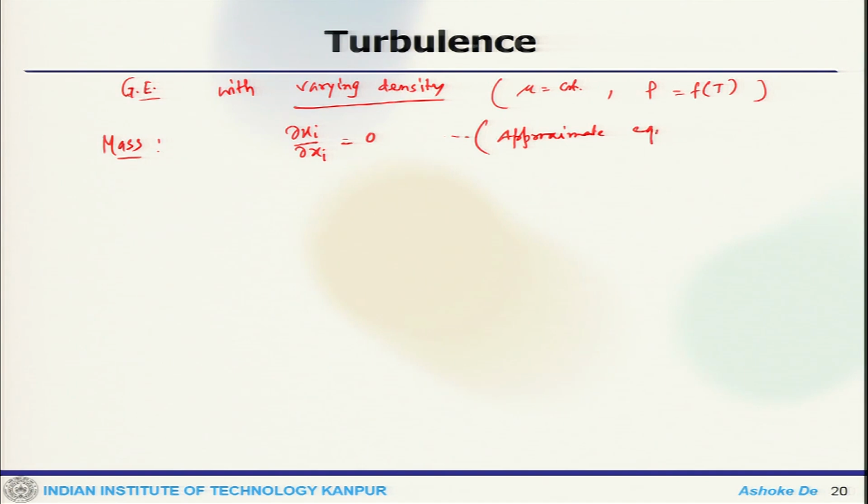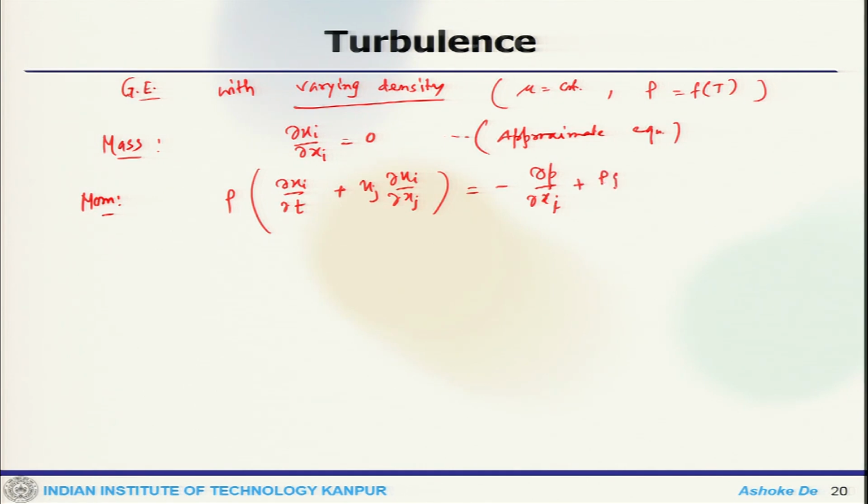Now, the momentum conservation will have the variation of the density in the system. So, that will look like rho times del ui by del t plus uj del ui by del xj equals minus del p by del xi plus rho gi.